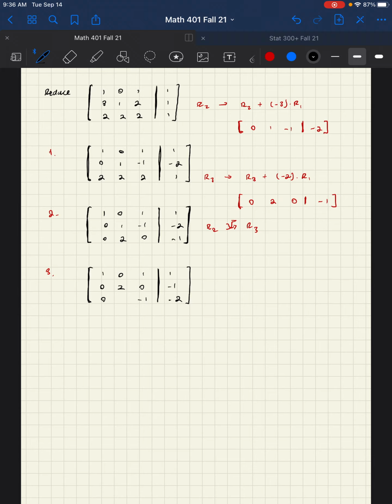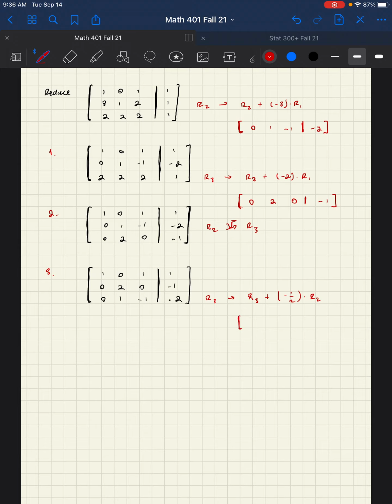All right, so now we're going to multiply row 2 by something and add it to row 3. So row 3 is going to be replaced by row 3 plus, and then how do you cancel that 1 with a 2? You can multiply by negative 1/2 times row 2, okay?